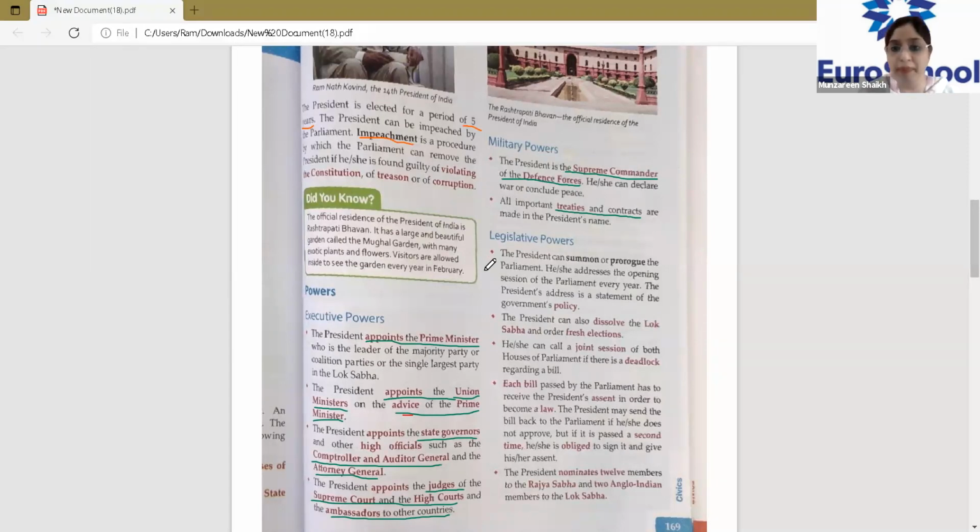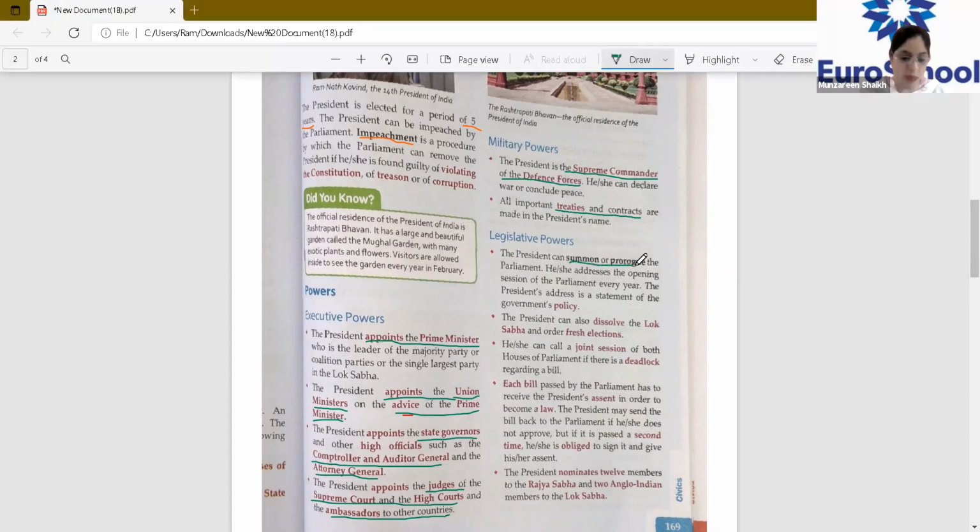Now we are on the third power, that is the legislative power. The president can summon or prorogue the parliament. That means he or she addresses the opening session of the parliament every year. The president's address is a statement of government's policy.